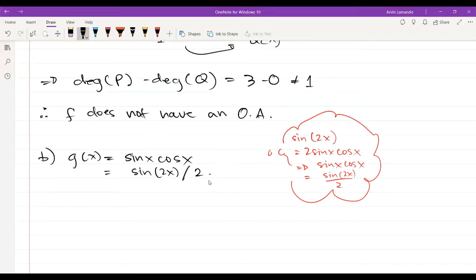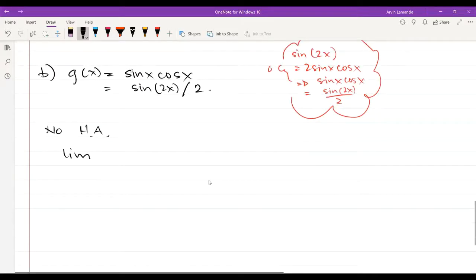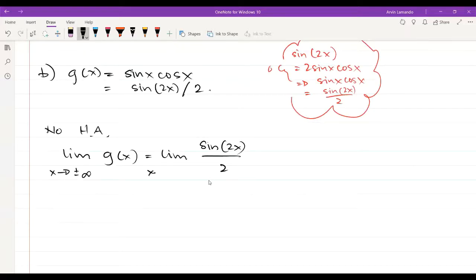So let us show that no horizontal asymptote exists for g. So, no HA. We should just compute the limit of g of x as x approaches positive or negative infinity. So this is just the limit of sine of 2x all over 2 as x approaches positive or negative infinity.